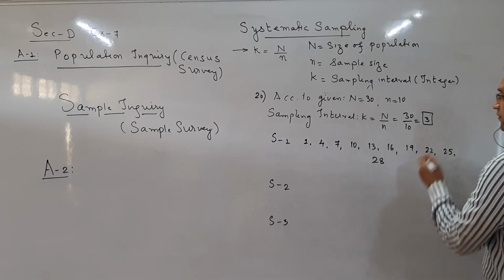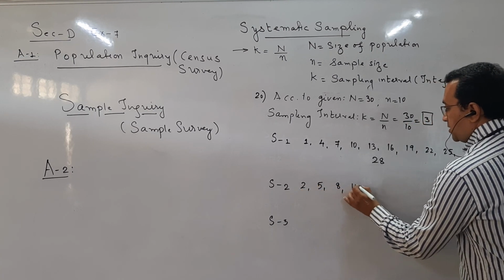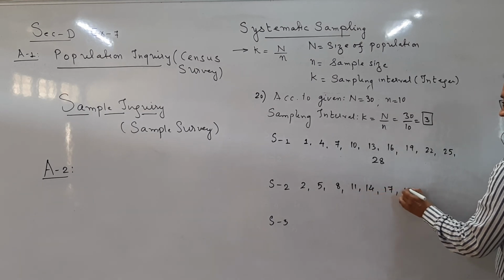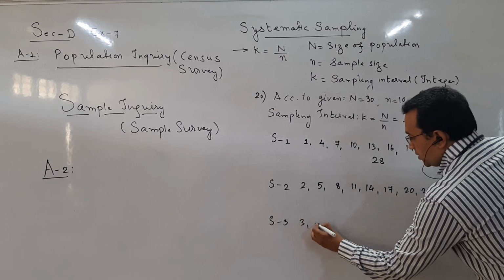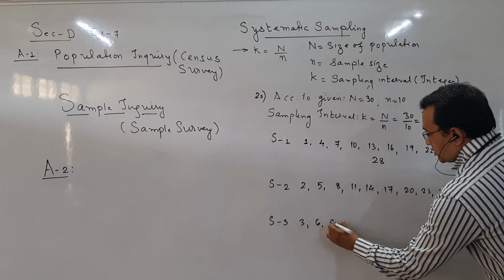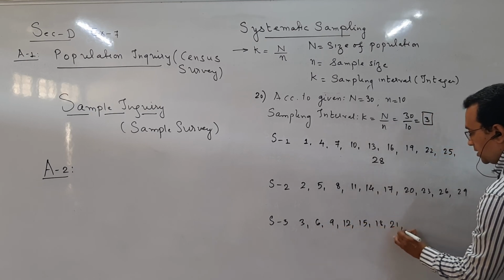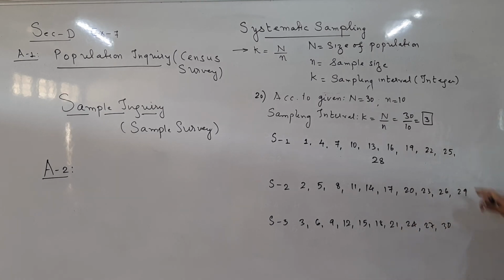Then I select the second unit: 2 plus 3, 5, 5 plus 3, 8, 8 plus 3, 11, 14, 17, 20, 23, 26, and 29. Suppose I take the third unit: 3, 6, 9, 12, 15, 18, 21, 24, 27, 30.